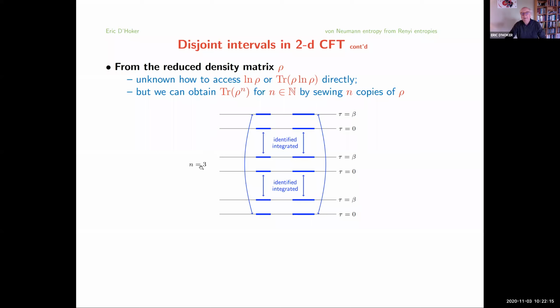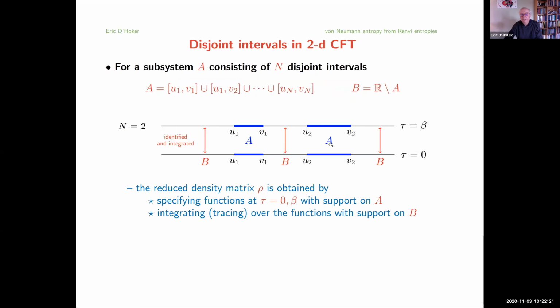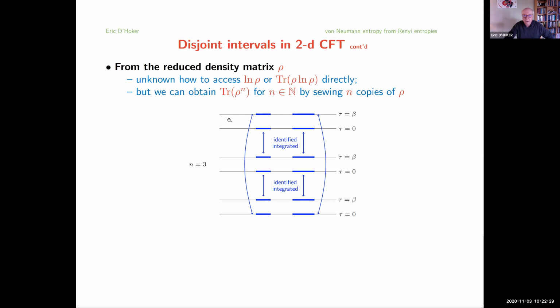So here I made this figure for the case n equal 3. For each row here, we have again the picture of the previous page for a single density matrix. So you should think of this as a single density matrix, this is another density matrix, and this is the third.